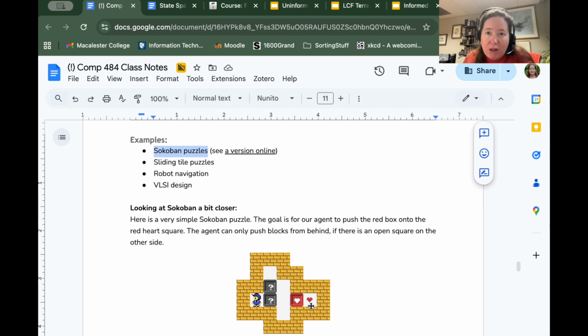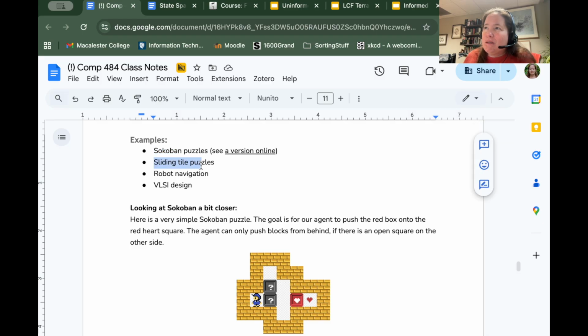You can only push blocks from behind, and you can only push them if there's an open space on the other side. You can't push two blocks at once. So it's a nice, simple puzzle. It's actually a really great problem for doing state space search. And so we'll talk a little bit about this and use this as an example throughout my notes here.